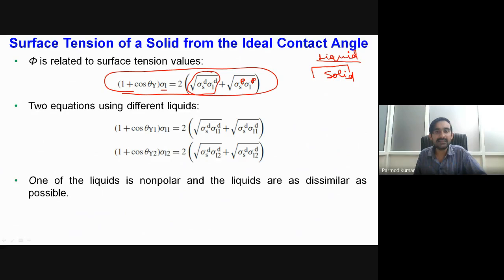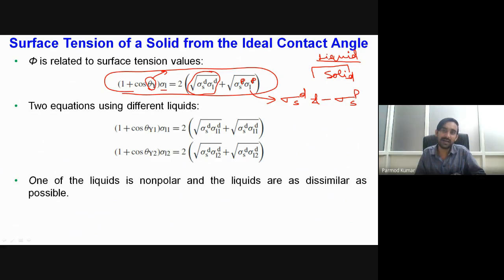In this situation, even if we determine the value of the contact angle theta Y from the geometry, meaning we take an experimental snapshot and find the equilibrium contact angle theta from it, in this equation we still have two unknowns: sigma s dispersive component and the polar component of the surface tension.